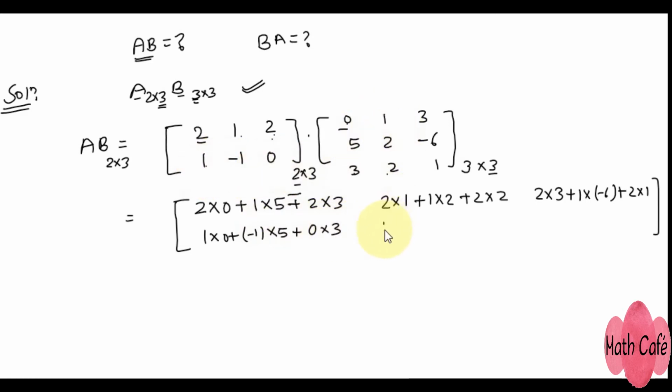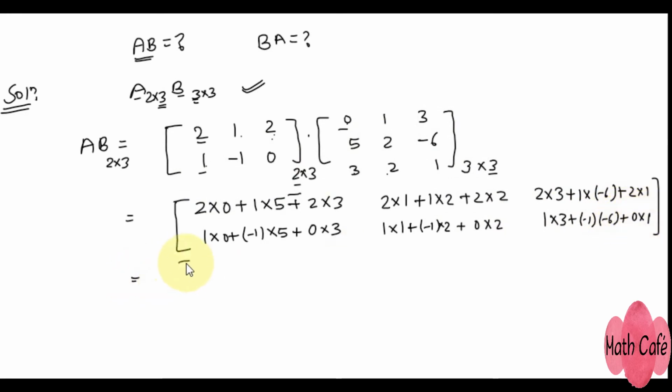So we will get 1 multiplied by 1 plus minus 1 multiplied by 2 plus 0 multiplied by 2. And in the last, we will multiply row 2 by column 3. So we will get 1 multiplied by 3 plus minus 1 multiplied by minus 6 plus 0 multiplied by 1.